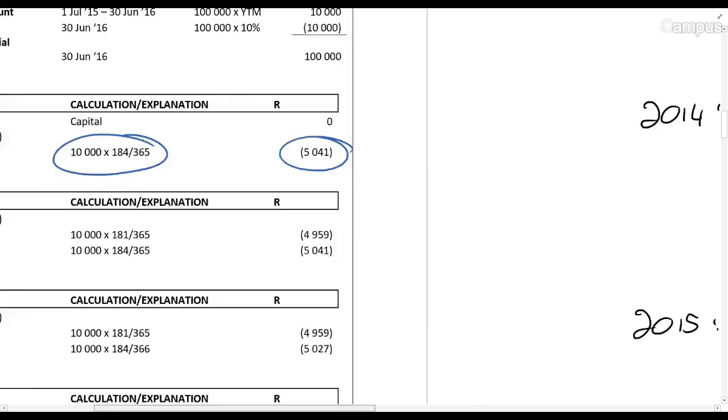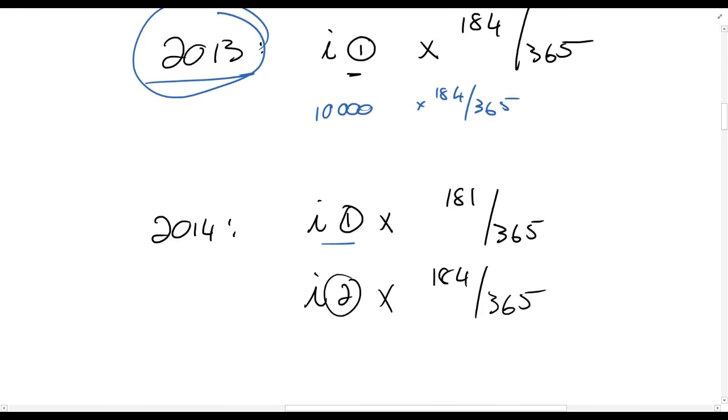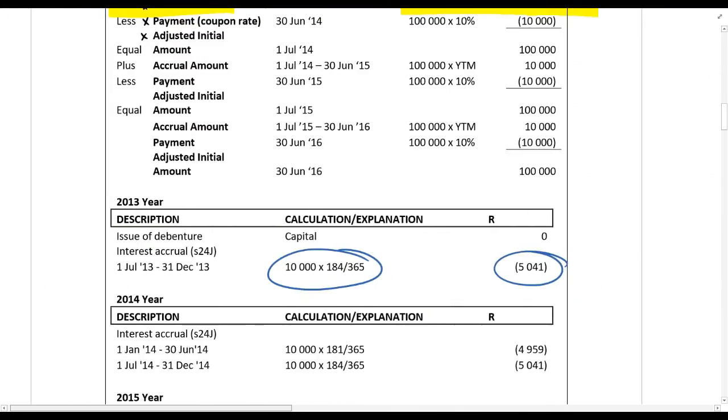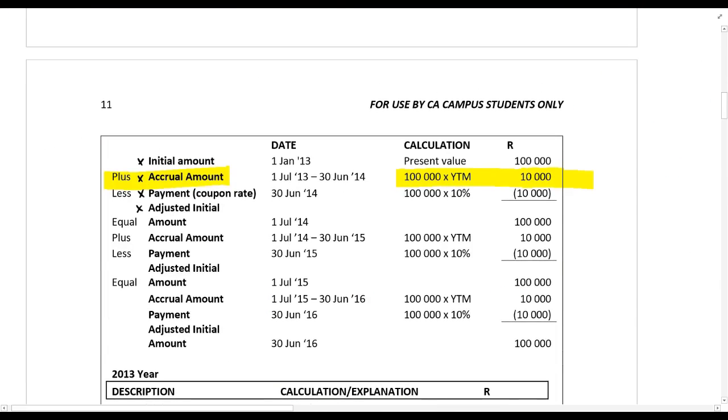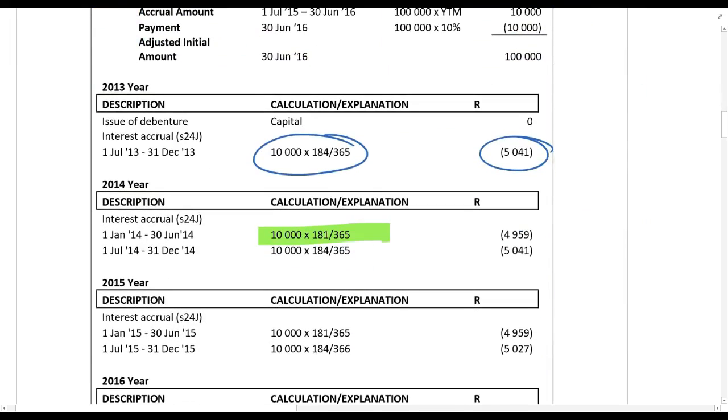What happens in 2014? We have the interest from period 1, so again that 10,000 times 181 over 365. Plus we have the interest from period 2. Now how is the interest from period 2 calculated? Same way as usual, guys. So it's that 10,000 over there, and that 10,000 is then apportioned.